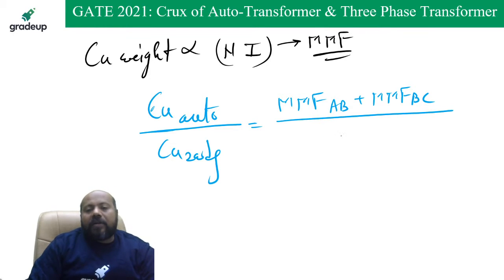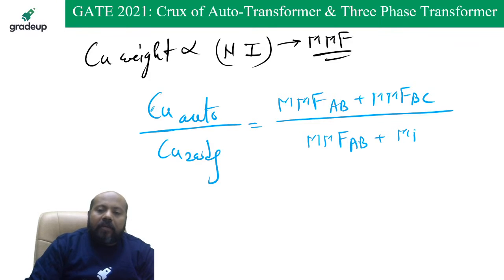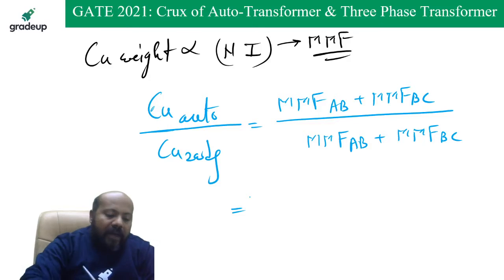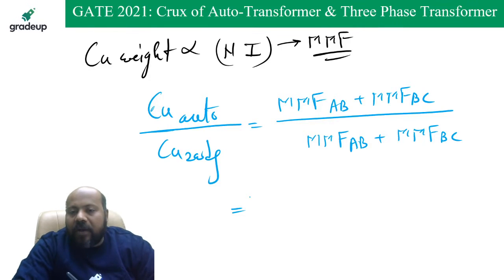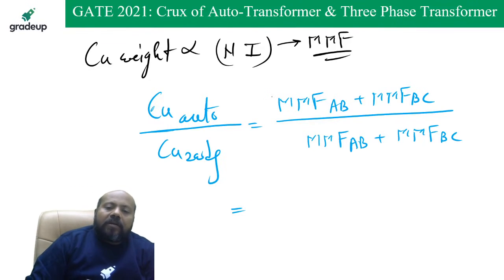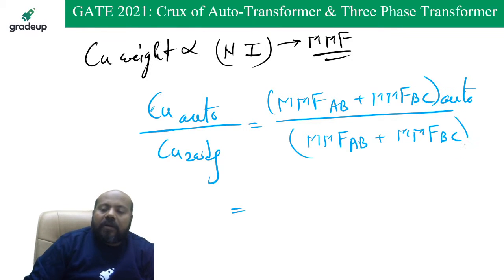For the equivalent two winding transformer, you can also write MMF for AB section and MMF for BC section. How am I going to write the MMF for AB and BC section? This is for the auto transformer and this is for the two winding transformer.